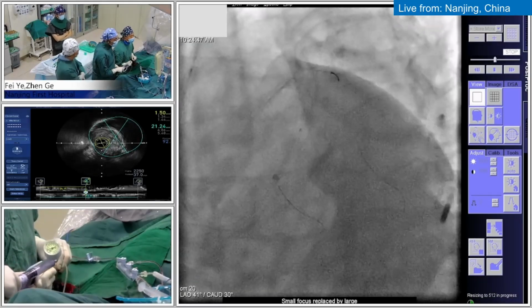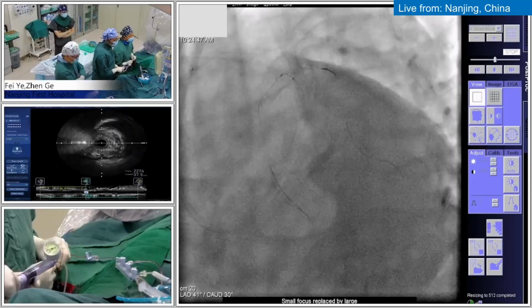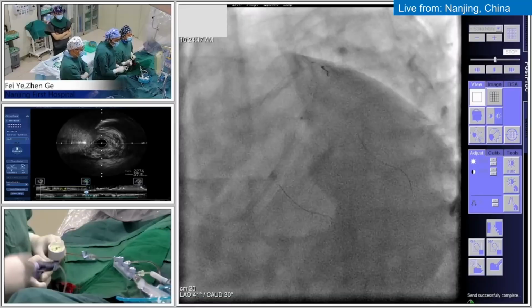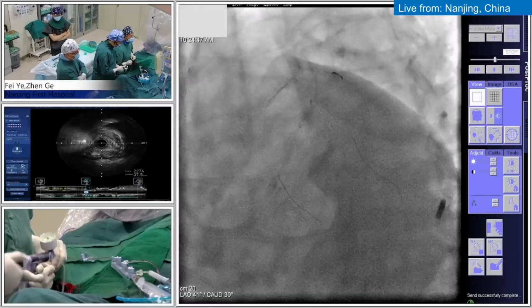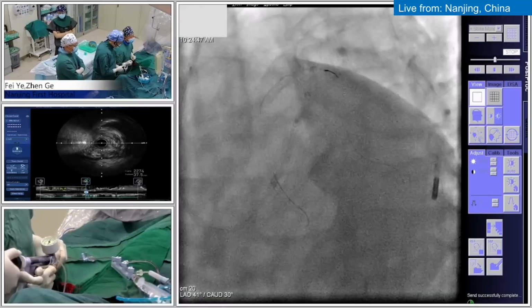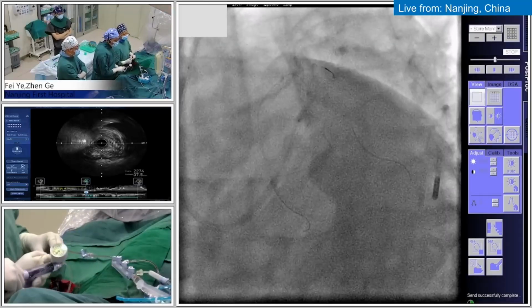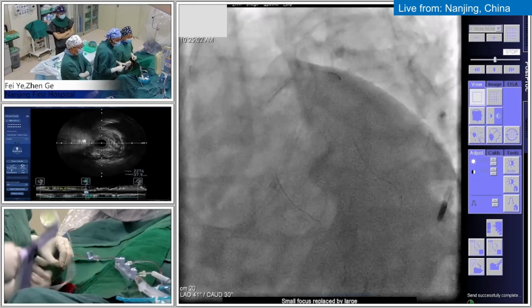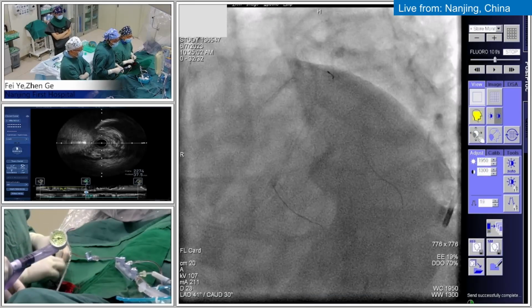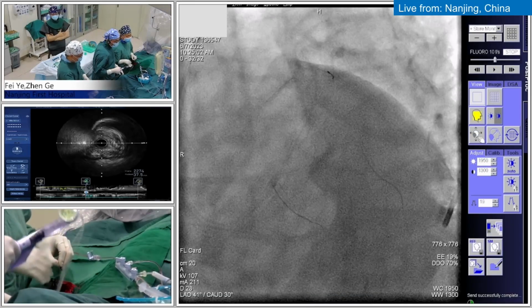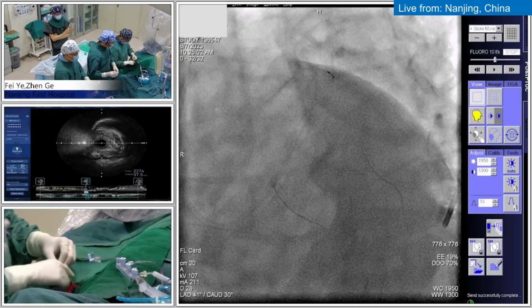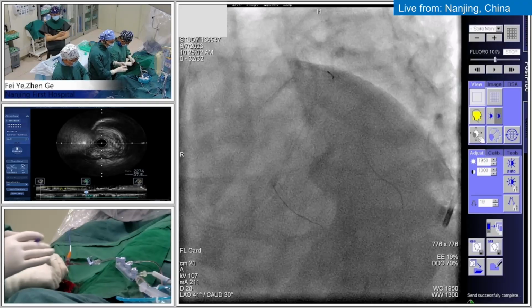From the IVUS, we can see the plaque characteristics of the main vessel opposite the side branch was not a calcified lesion. So that's why we cannot see the carina shift. If the plaque characteristic was calcification opposite the side branch, then if we predilate or stent the main vessel, we can see the carina shift easily.